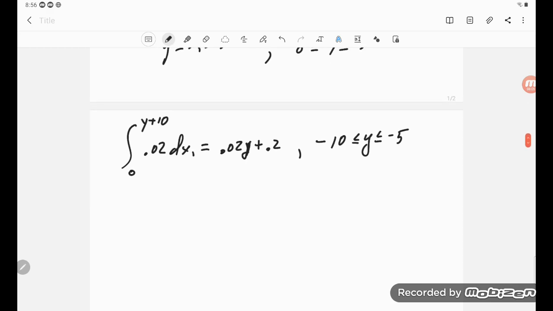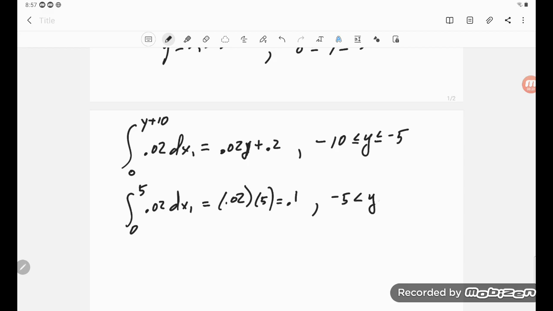Then 0 to 5, so that's an easy one. 0 to 5, 0.02 dx1. That's just 5 times 0.02, which is 0.1. And so that is for negative 5 less than y less than or equal to 0.